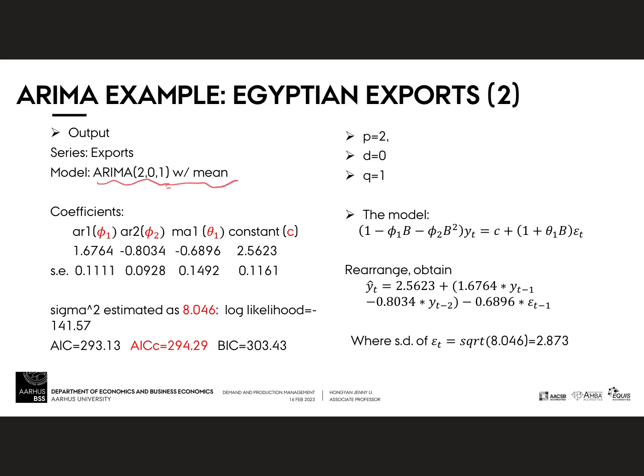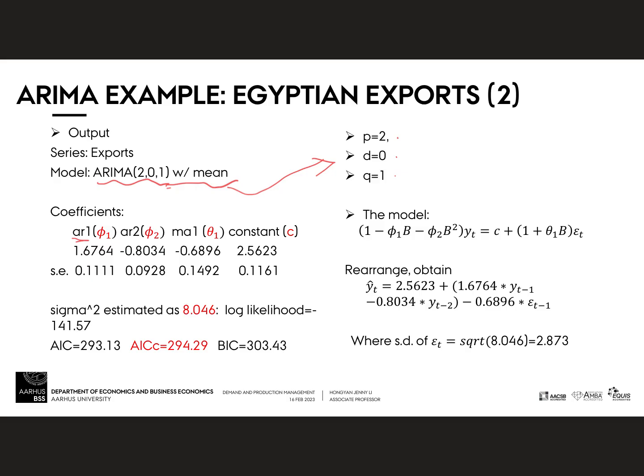It tells us you have p equals 2, d equals 0, q equals 1. This is a starting point, your automatically fitted ARIMA model orders. The second step is we also need to read out these parameter values. AR1 is used as the name of your phi 1, or the coefficient for y t minus 1. Similarly, you have phi 2, and the theta value is here.